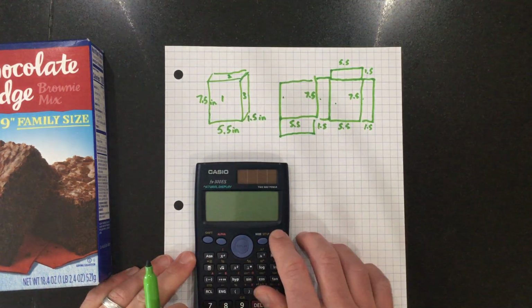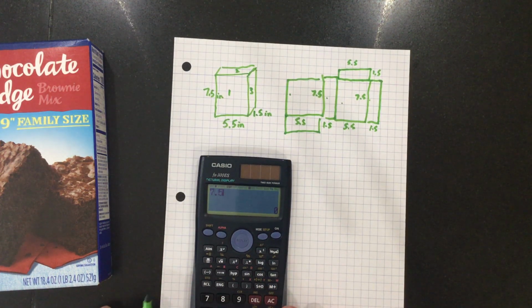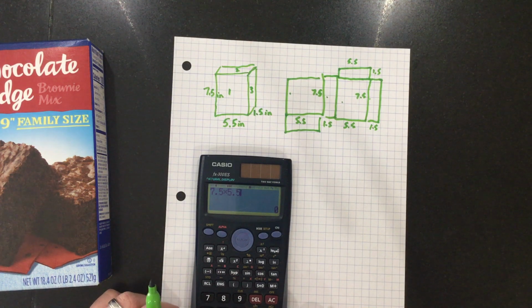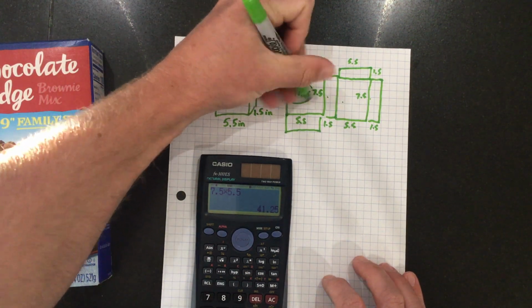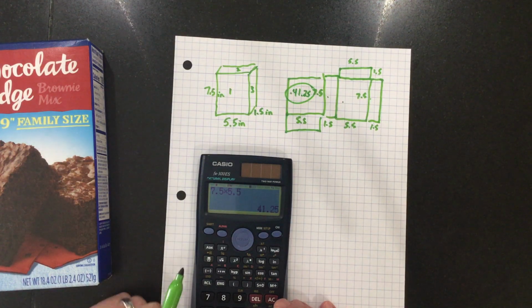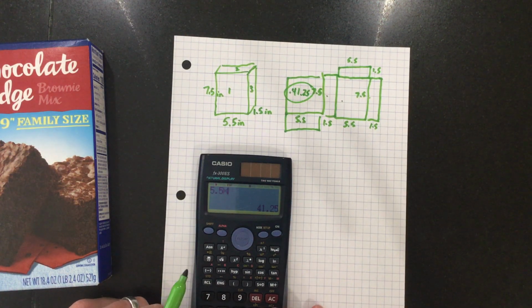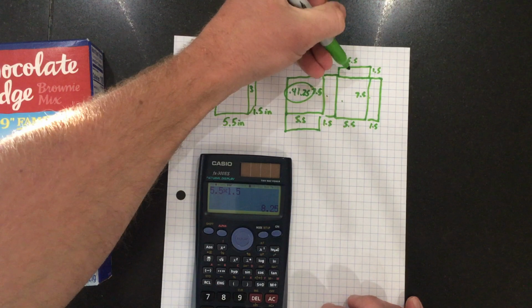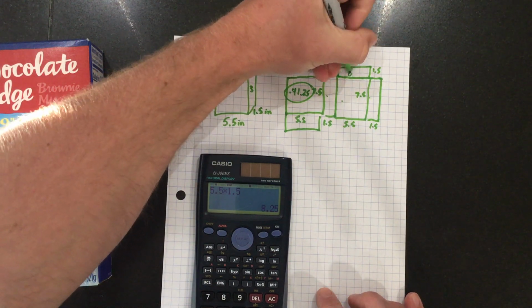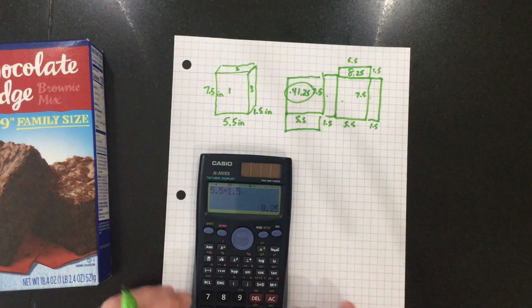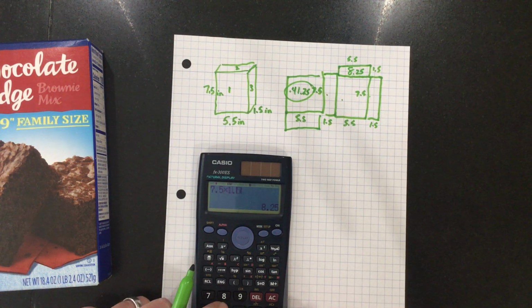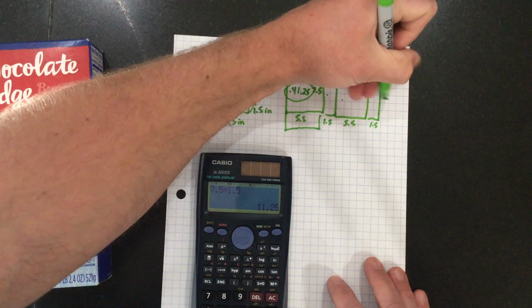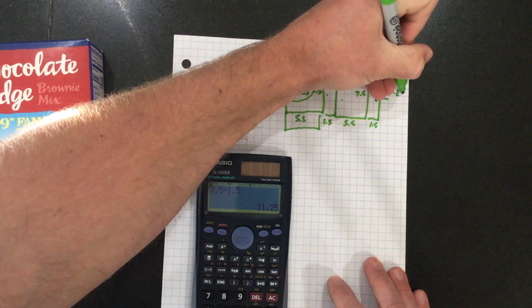Okay, so let's start crunching some numbers. 7.5 times 5.5 is 41.25. I'm going to circle that. I'm then going to go 5.5 times 1.5 to get this rectangle right here, 8.25. And then I'm going to find this little skinny one right here, 7.5 times 1.5, and that one is 11.25.